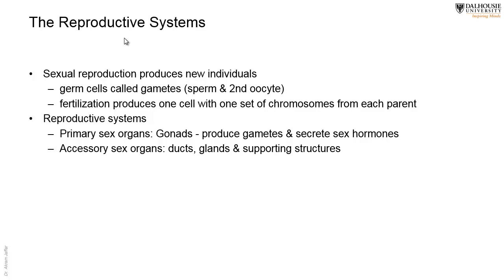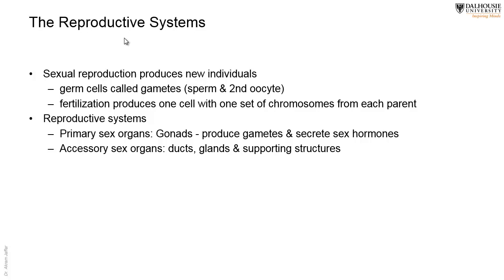The reproductive systems, whether male or female, consist of primary sex organs, which we call gonads. In the male, the gonad is the testis, and its counterpart in the female is the ovary. And these gonads produce the germ cells as well as the hormones, so they have more than one function. And there are accessory sex organs like ducts, other glands, and supporting structures, as we will see in the male.